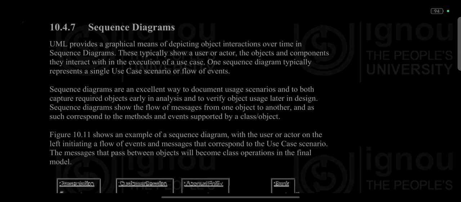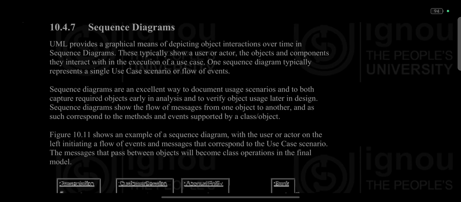One sequence diagram typically represents a single use case scenario or flow of events. Sequence diagrams are an excellent way to document usage scenarios and to both capture required objects early in analysis and to verify object usage later in design.